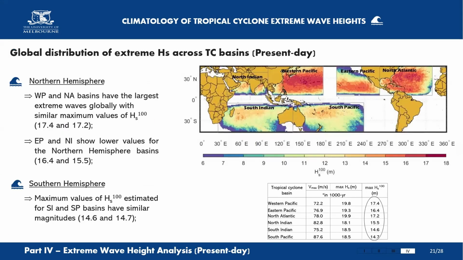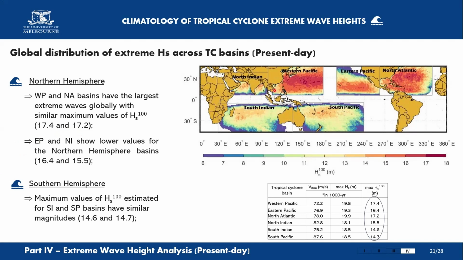Here in this slide, we have the global distribution of the extreme wave heights across all tropical cyclone basins. In the Northern Hemisphere, we can see that the Western Pacific and North Atlantic have the largest extreme waves globally, with similar maximum values of HAS 100 of 70.4 meters for Western Pacific and 70.2 meters for North Atlantic.